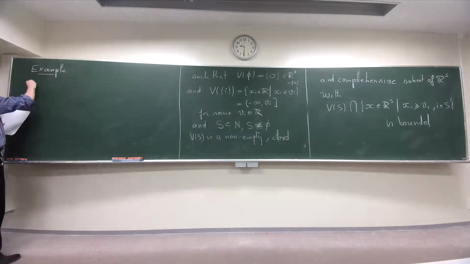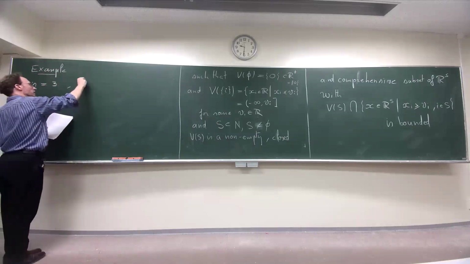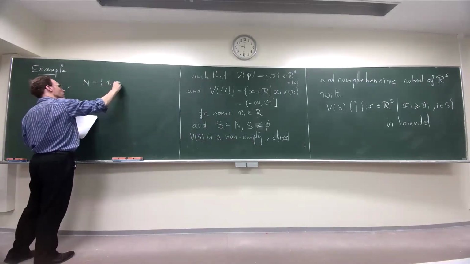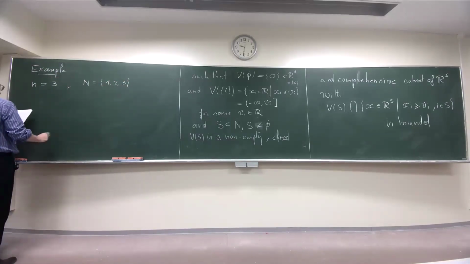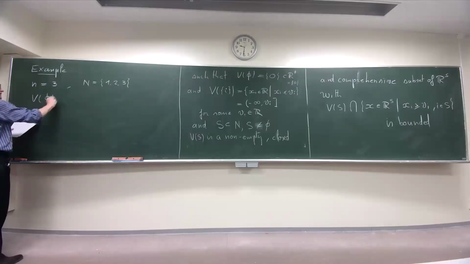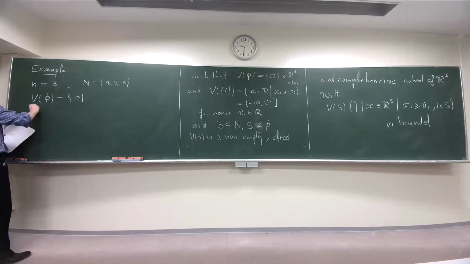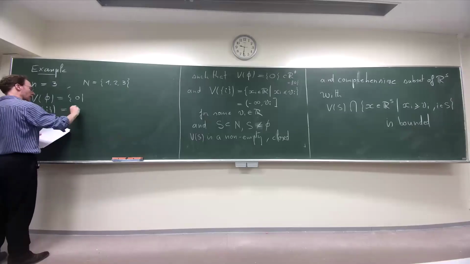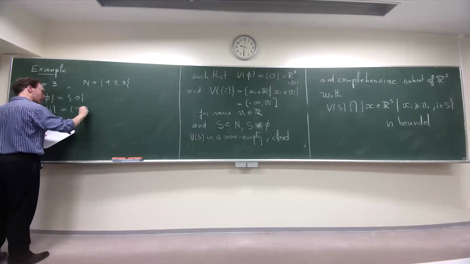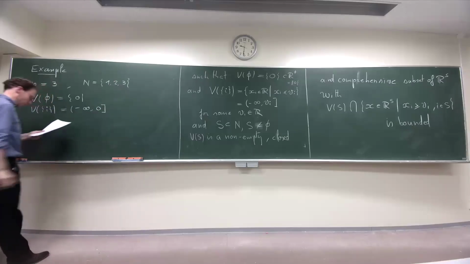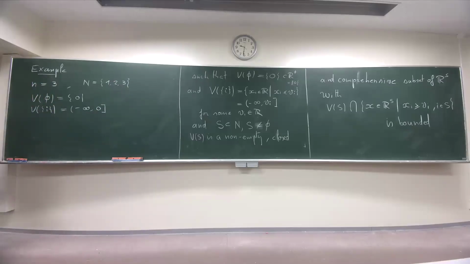So an example is, I take n equal to 3, so it means the set of all players is 1 to 3. Of course, V of the empty set is just 0. Now, V of i for one player, as we have seen, it is minus infinity to 0. I mean, it's an example, so I fix 0 for the vi. Now I need to say, with two players, V of {1,2}. {1,2} is a subset of {1,2,3}.